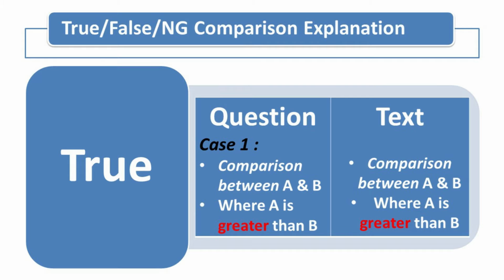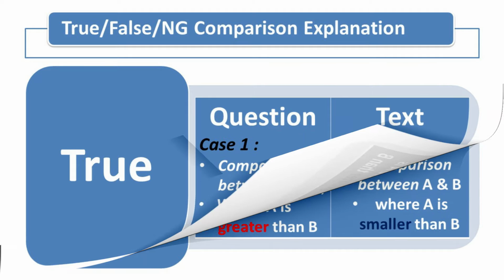In the text, both the items A and B are present, and the text is also saying the same thing. It is saying that A is greater than B. Therefore, in this case, the answer should be true.